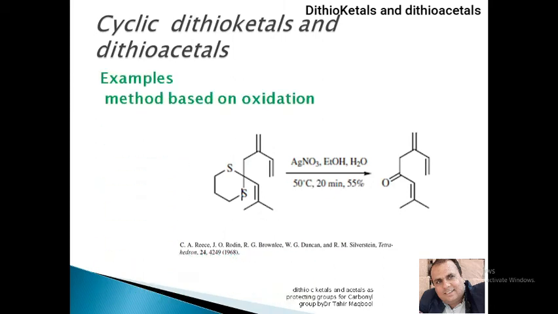So this is the cleavage of the dithiane. Here this compound was treated with silver nitrate in ethanol and water, 50 degrees Celsius, 20 minutes, 55% yield, and you get the ketone back. This method is based basically on oxidation.